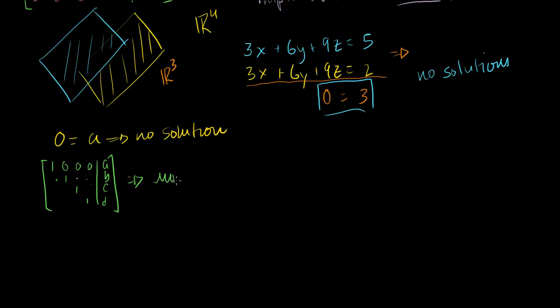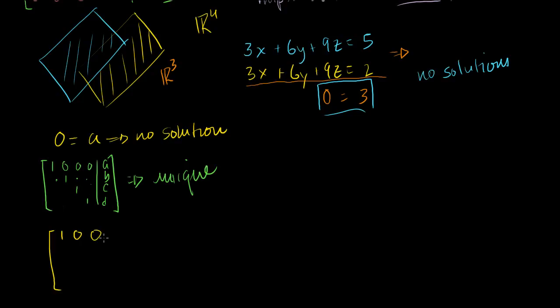Now, if you have any free variables, free variables look like this. Let's say I have 1, 0, 1, 0, and then I have the entry 1, 1. Let me be careful.